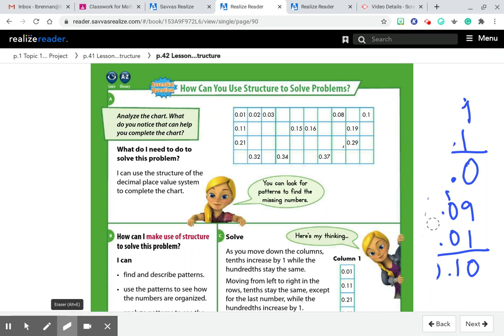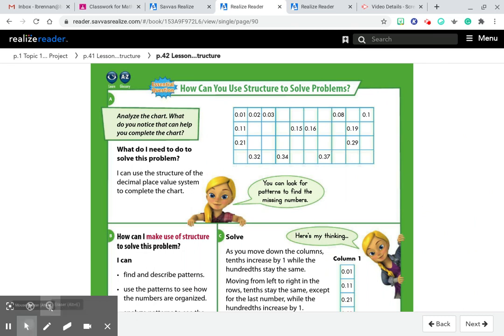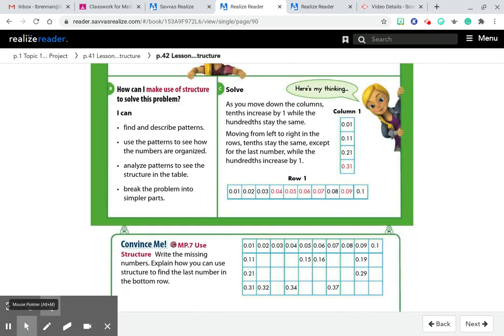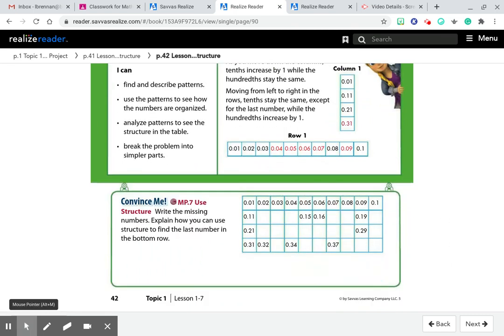Moving from left to right, tenths stay the same, while the hundredths increase by 1. So make sure you read over. You're looking for patterns. I looked for patterns. I used the patterns to help me solve and stay organized. I analyzed the patterns to see the structure in the table, and I break the patterns into simpler problems.